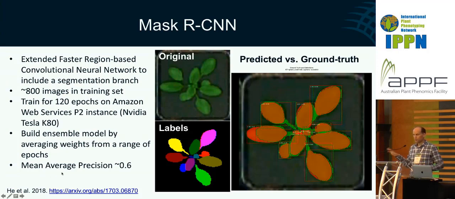What we're doing is training these on Amazon so that we're not making the expensive investment of buying the GPUs locally. We then train a bunch of different models, and we build an ensemble model by averaging the weights from the different models. So we're getting a mean average precision around 0.6 at the moment.